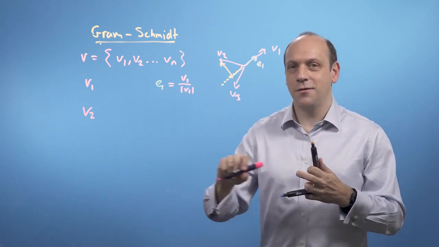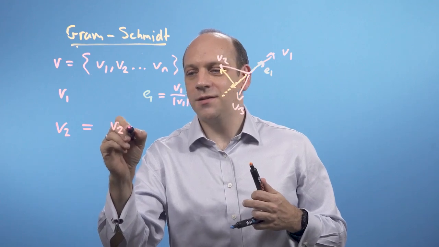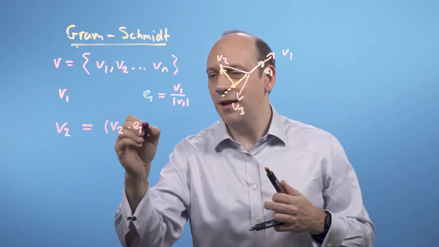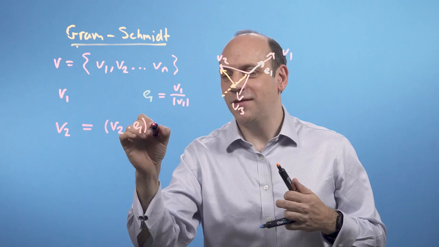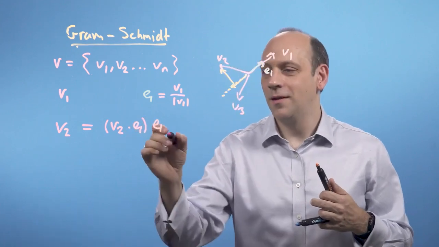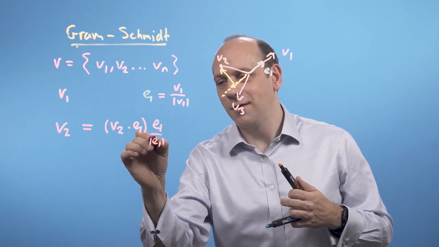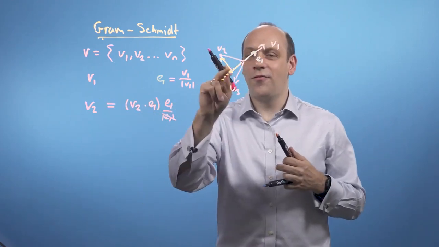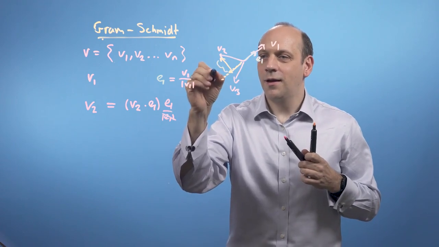So v2 dot E1, and to get that as a vector I'd have to take E1 and divide by the length of E1, but the length of E1 is 1, so you can forget it. And if I take that off of v2, then I'll have this guy, and let's call him u2.